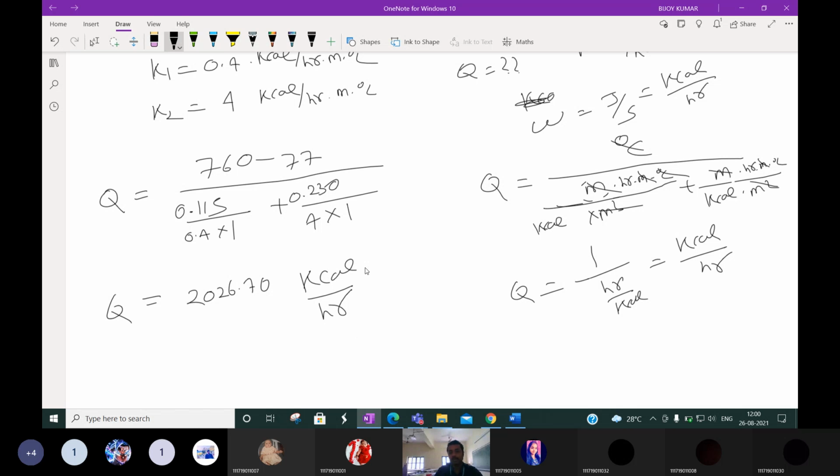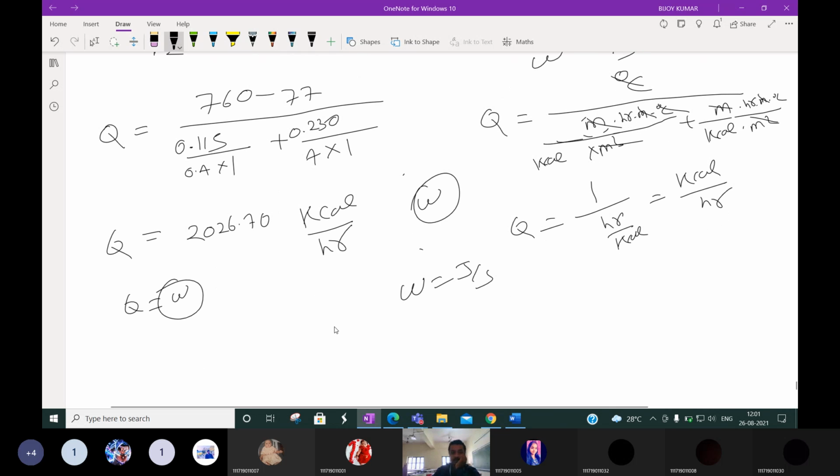Suppose in the question they ask you to give the Q value in watt unit. How can you do it? What do you know? 1 watt means joules per second.